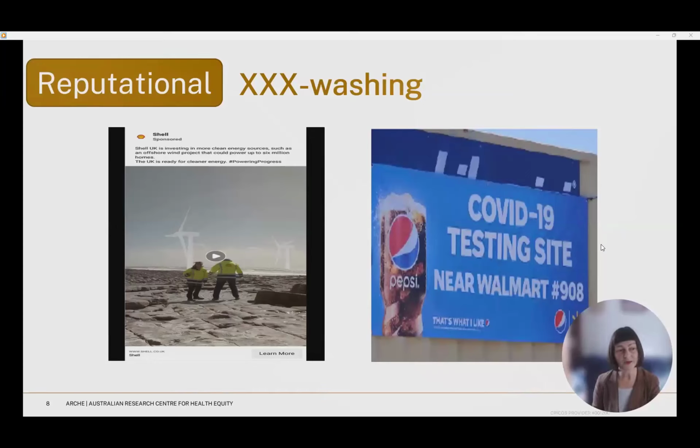The other example there is Shell. It's about fossil fuels, obviously, and Shell was trying to say that it is really invested in alternative energy, clean energy sources, as they point here towards wind farming. And it's really important to note that something like 0.02% of their total investment is in clean energy sources.